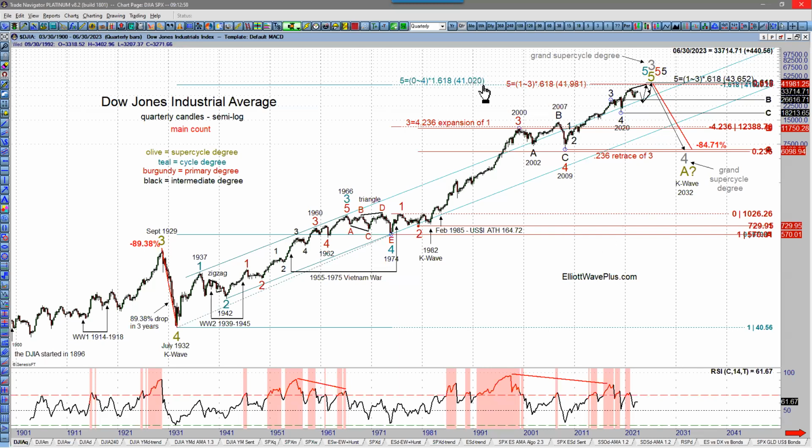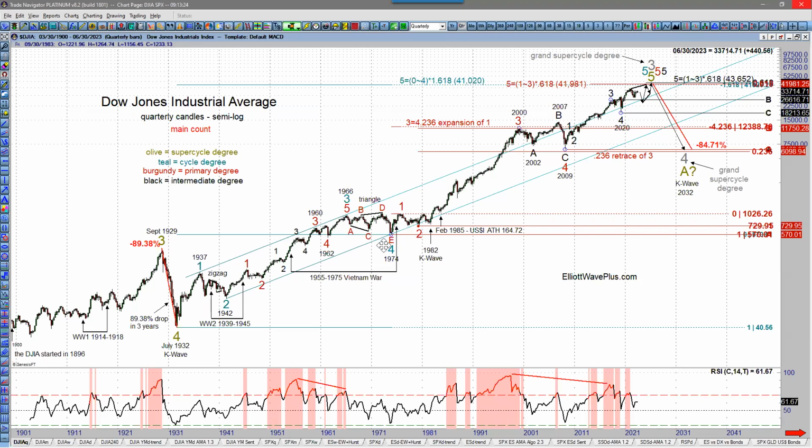This one at 41,020 is where the entire move up from the 1932 low to that price, 41,020, where the 1974 wave 4 low would cut that entire distance by the golden section.